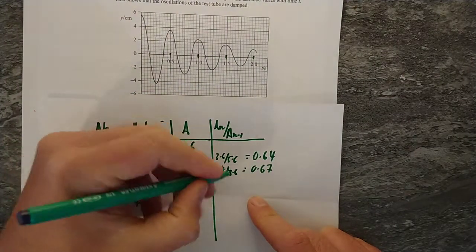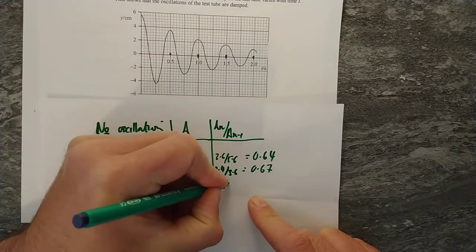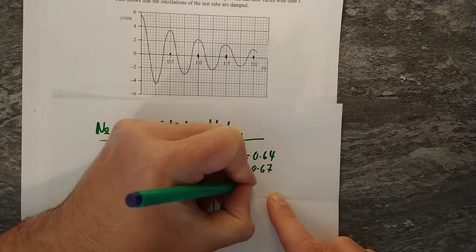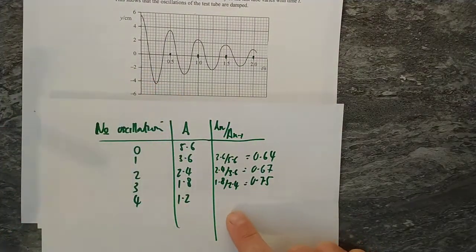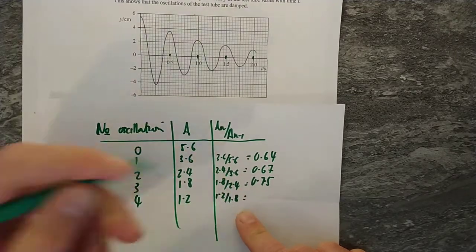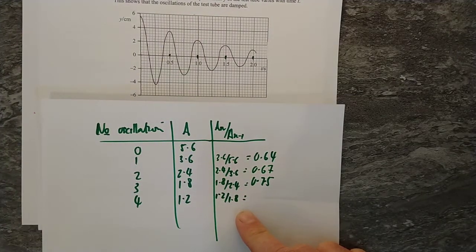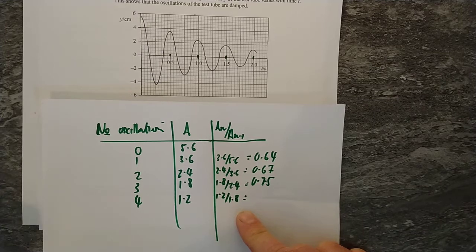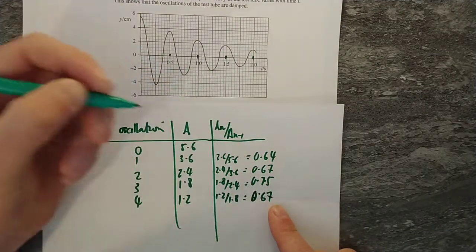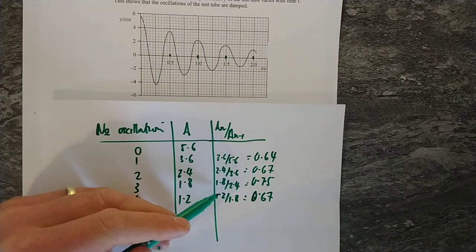Then the amplitude divided by the previous amplitude, 1.8 divided by 2.4 is 0.75, and then this one, 1.2 divided by 1.8, is 0.67. I'm assuming I've read my numbers off the graph correctly here.